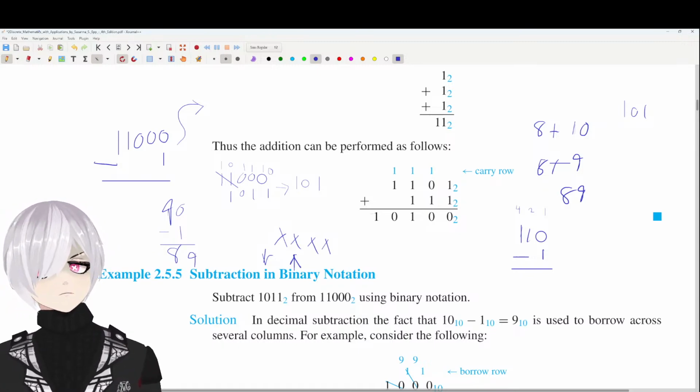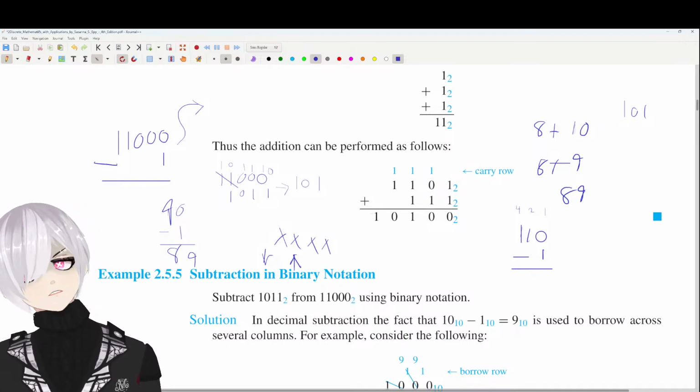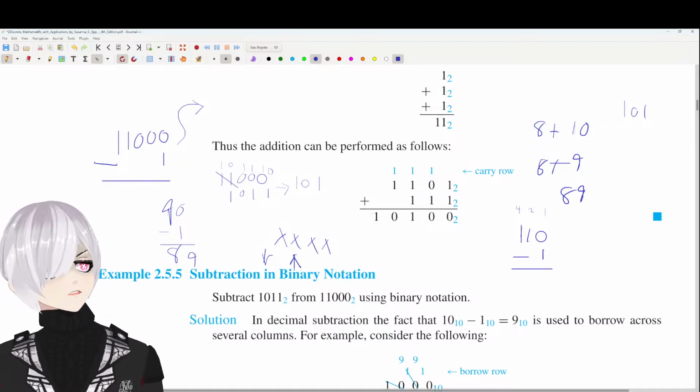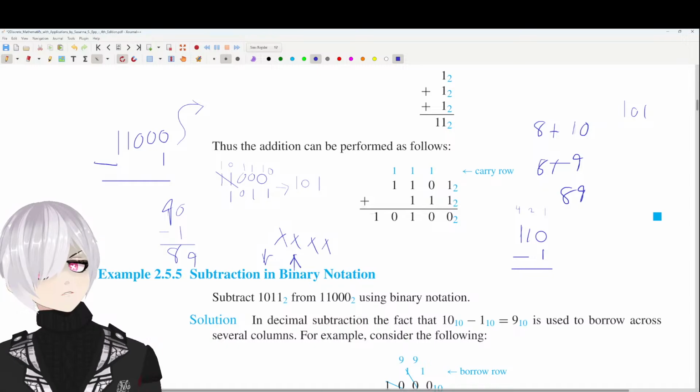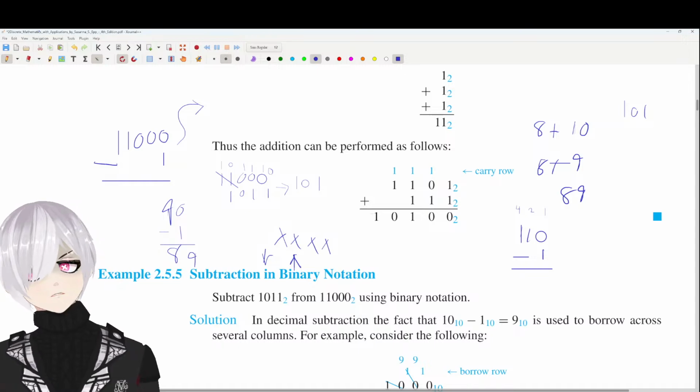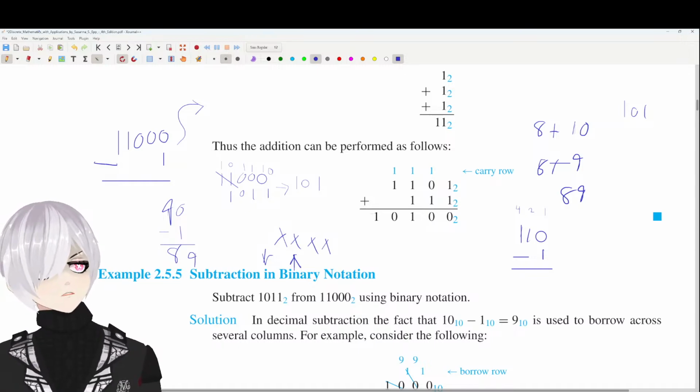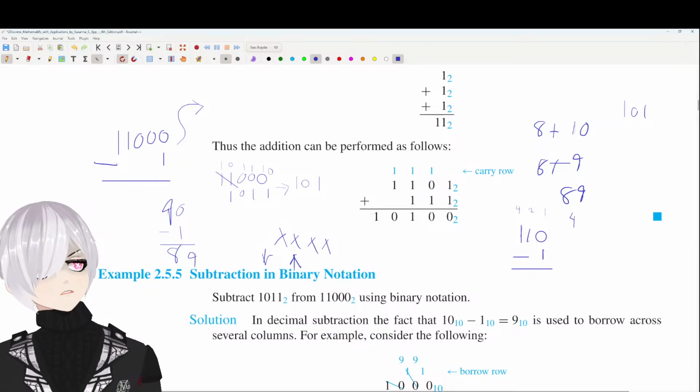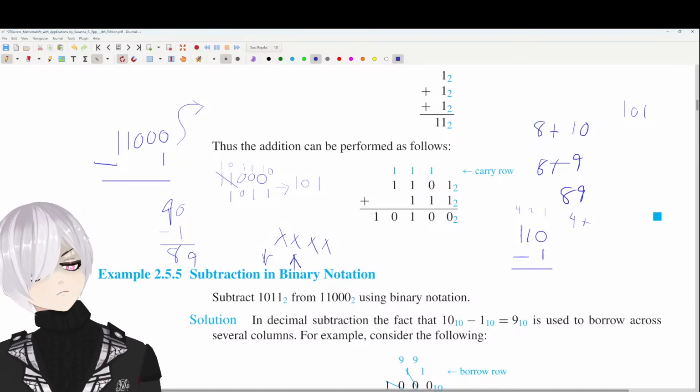So in this case, we have 6 minus 1. So in the ones place, we need 2 to subtract from. We'll do that by taking away a one from the previous place.